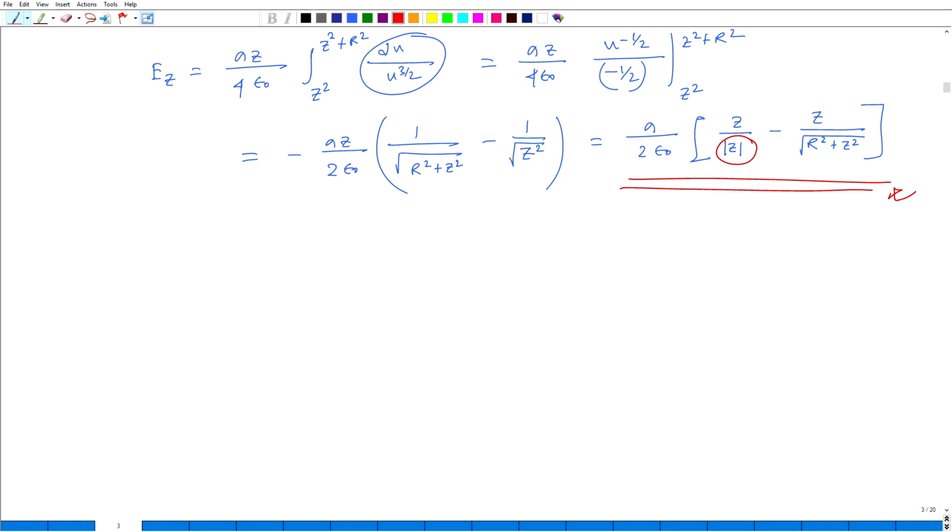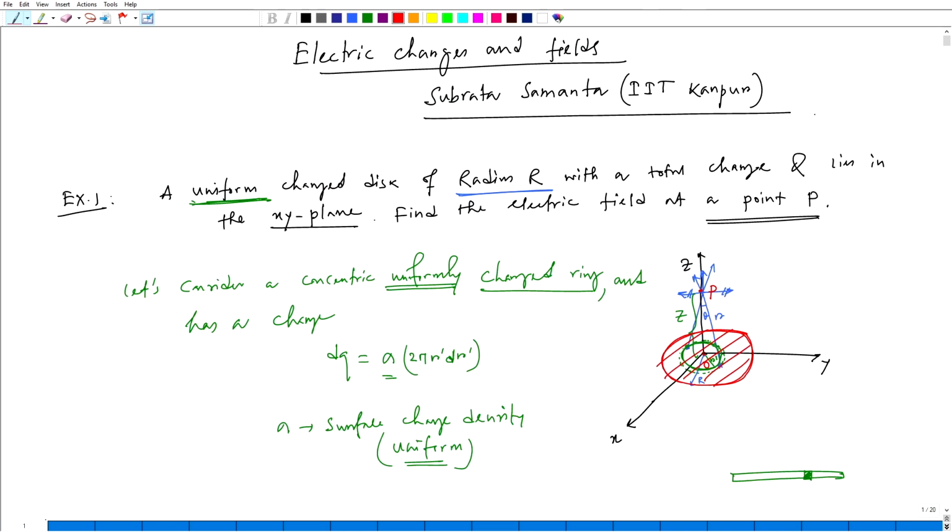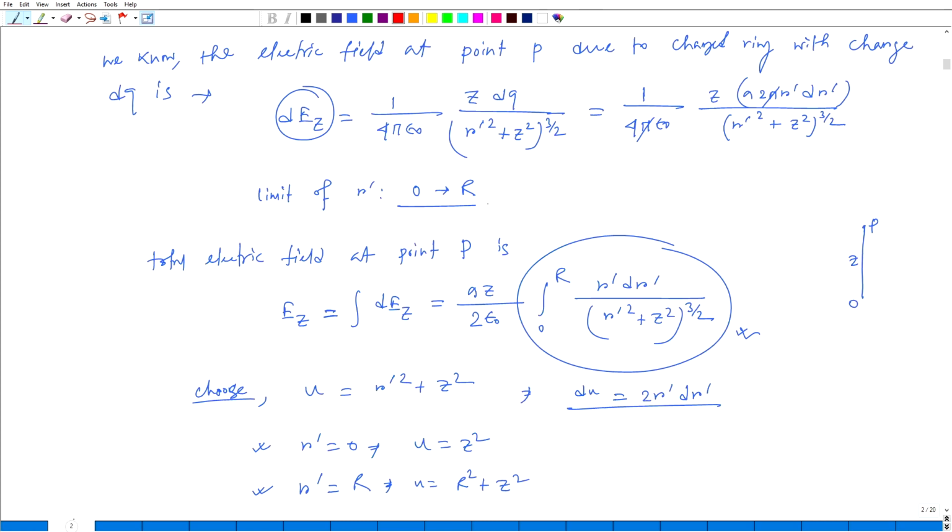So, this is the result, okay. Now this result can be written separately for z greater than 0 or z less than 0, because in this case we choose z from the origin along the z axis, but in principle z can take any direction, negative or positive, okay? So, this result is independent of the direction.